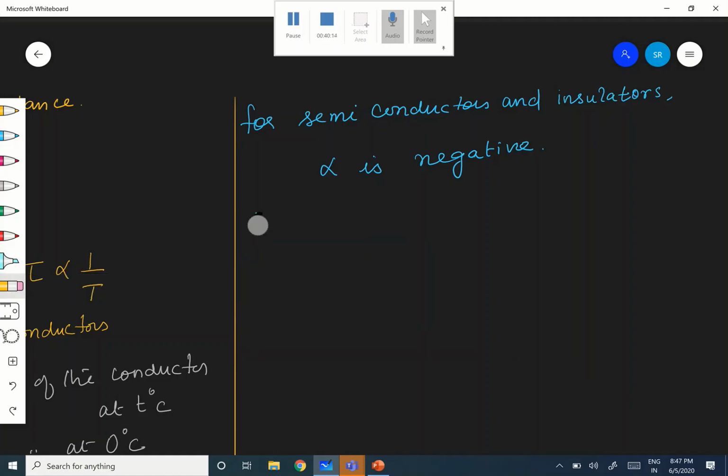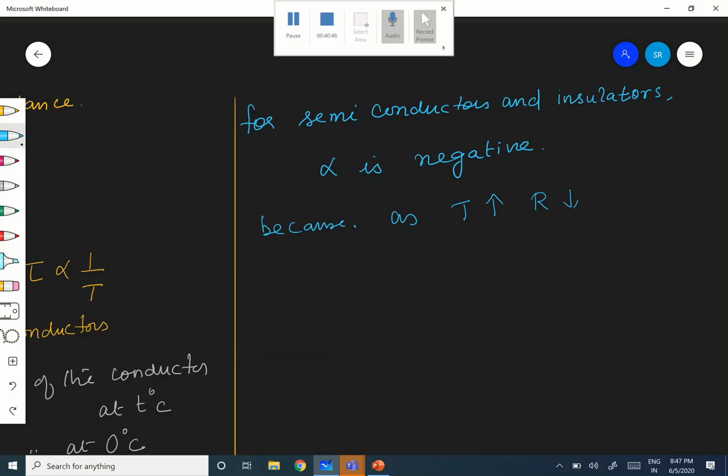What is the reason alpha is negative? The reason is that as the temperature T is increased, the resistance R is decreased.